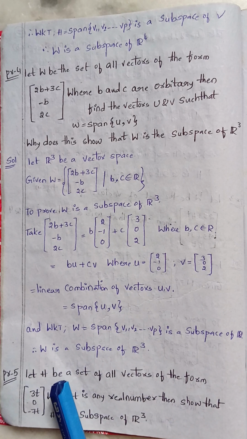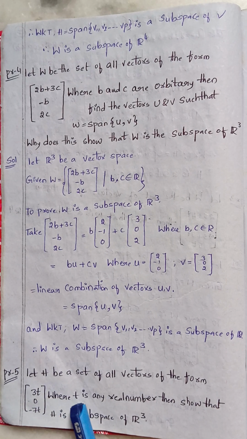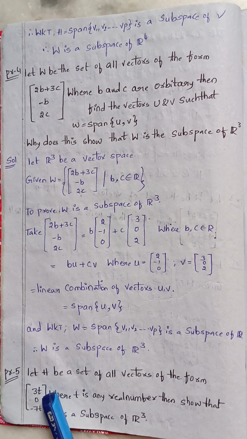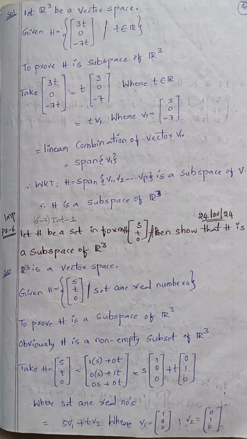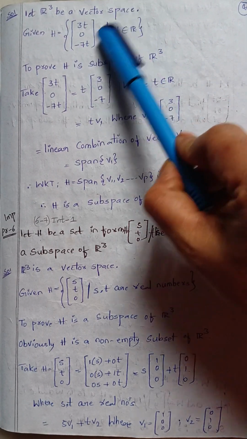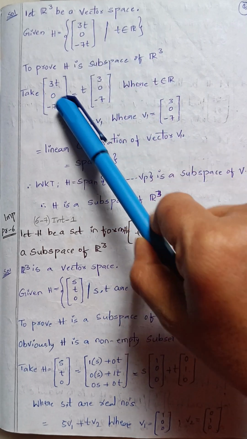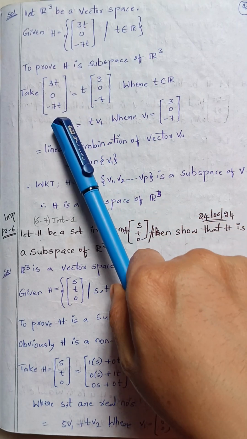The same way, H is given. Here how many elements are there? T is a real number, only one T is there, so only one vector we should get. See here, 3 entries, so R3 is a vector space, and from H we take T as common, then 3, 0, minus 7.